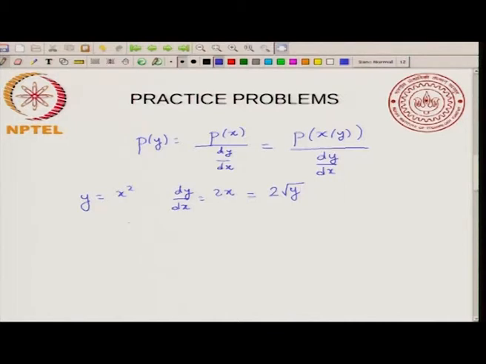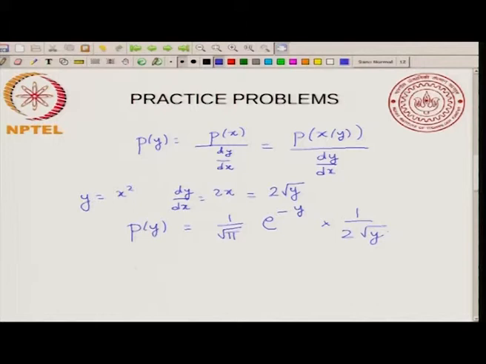And so, I can now write p of y. I have 1 over square root of pi, and e to the minus x square is nothing but e to the minus y. Then I have to divide this by the derivative, so it should be into 1 over 2 square root of y.